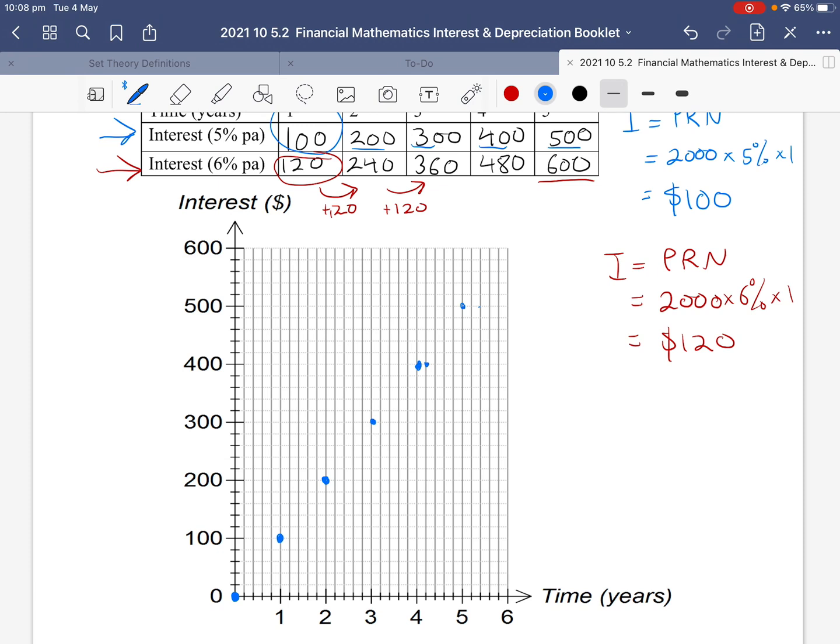Okay, there we go. And so this line goes all the way up there and keeps on going.